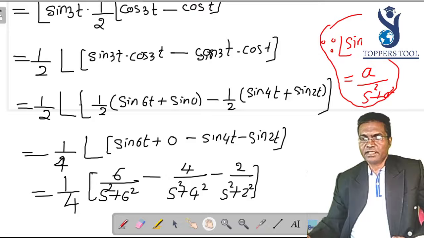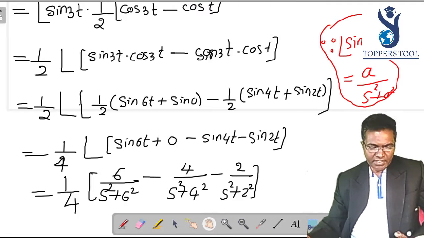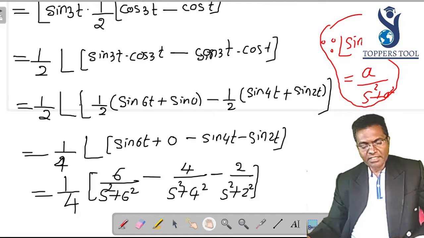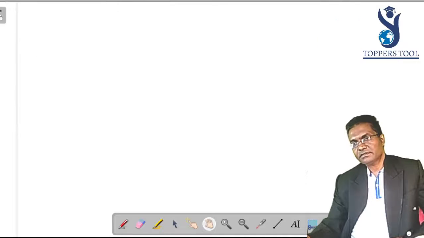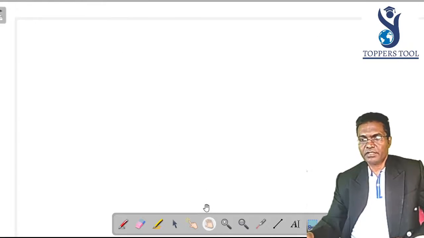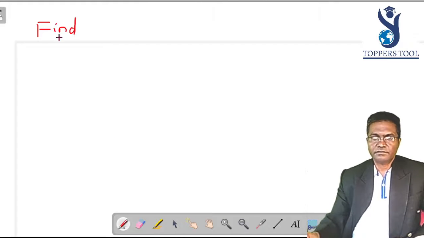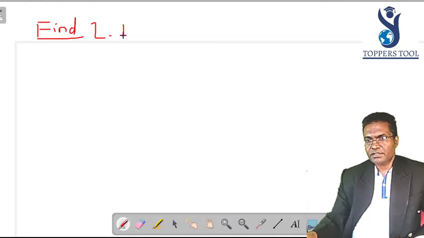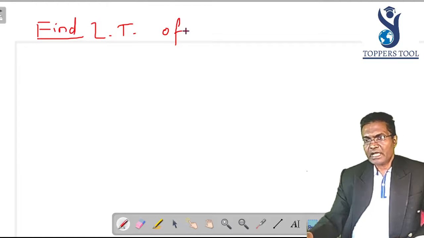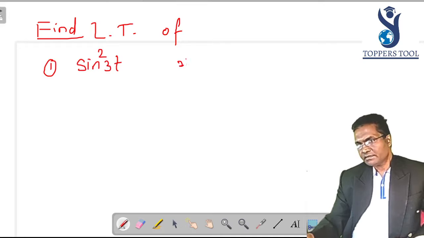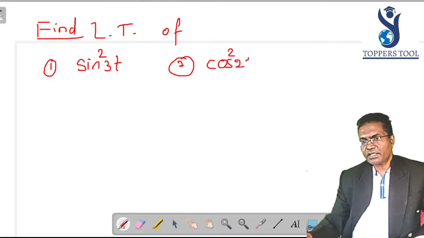Okay. So let's see, if we get a square term, then how it can be done. Because we often get such situations. Find Laplace transform of sine square 3t cos square 2t.